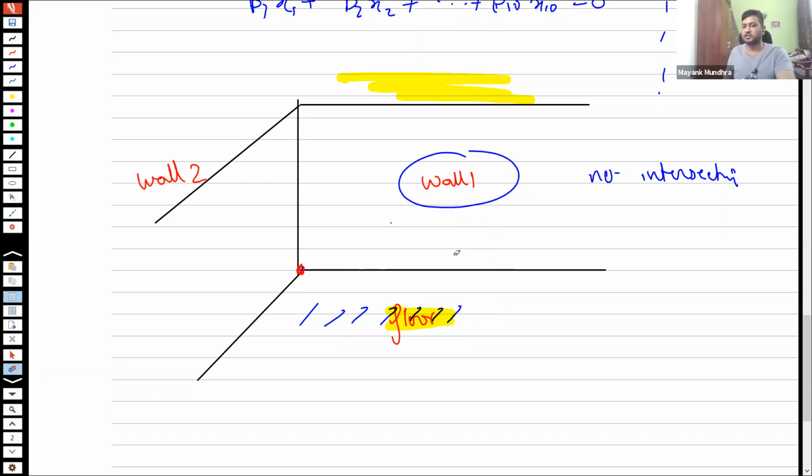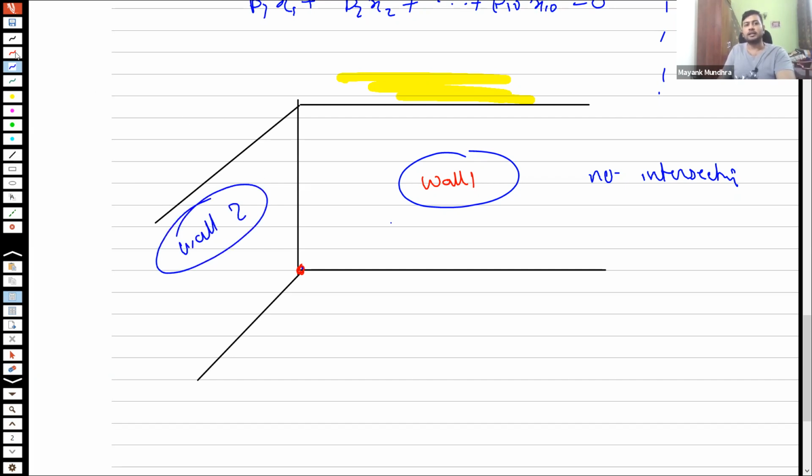Now I want to imagine the case of infinite intersections. For infinite intersections, consider wall one, consider wall two, and consider some protrusion coming out of this corner of the room, some flap which you have attached to the corner of the room.